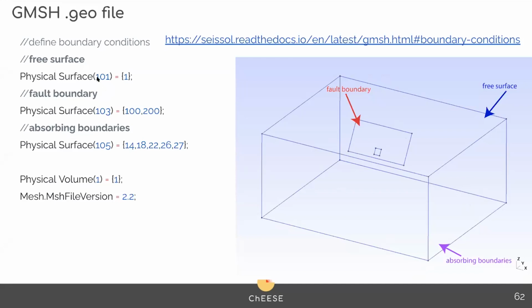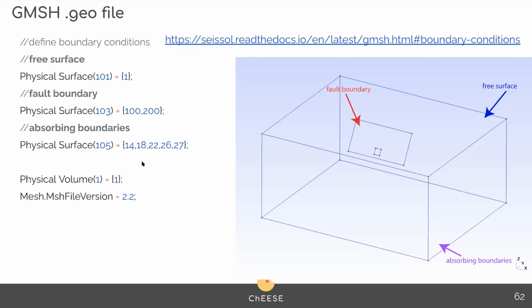The numbers 101, 103, and 105 are fixed for SeisSol. So now this is the basic structure for the geo file.